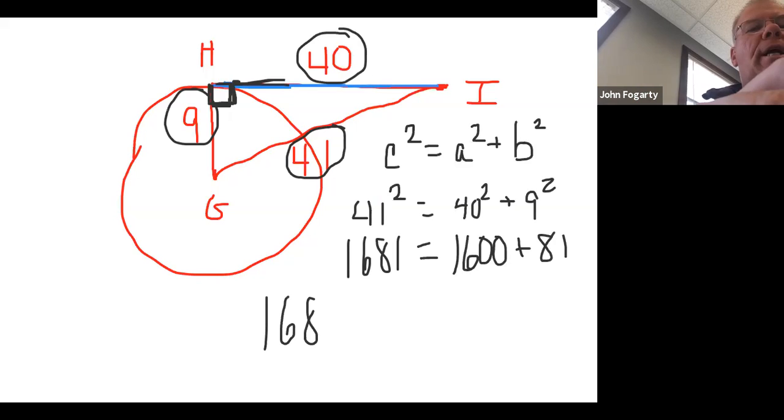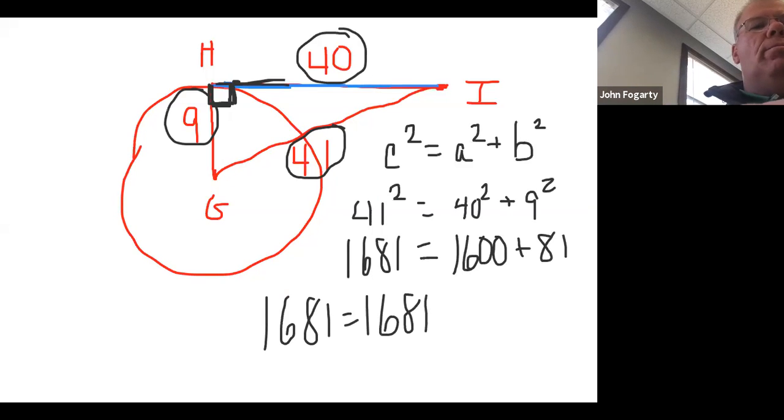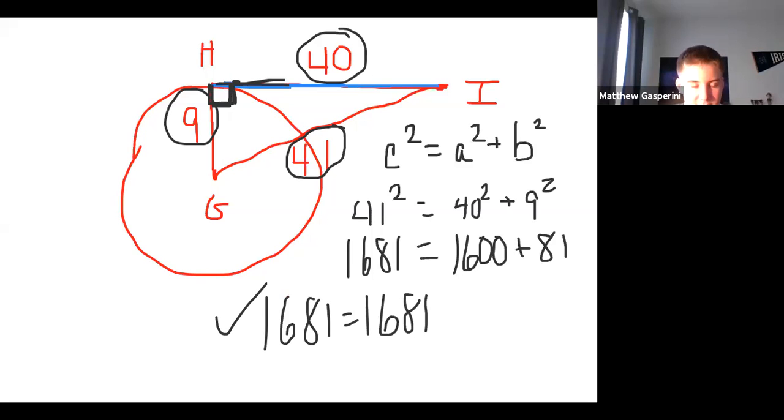Is 1681 equal to 1681? Yep. Those can be the sides of a right triangle.